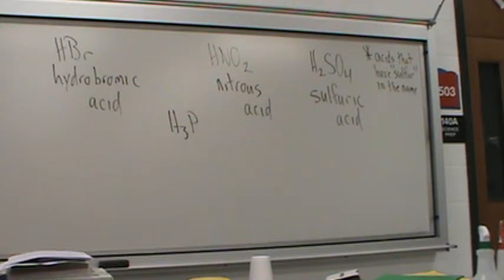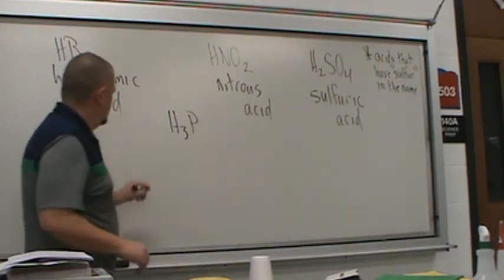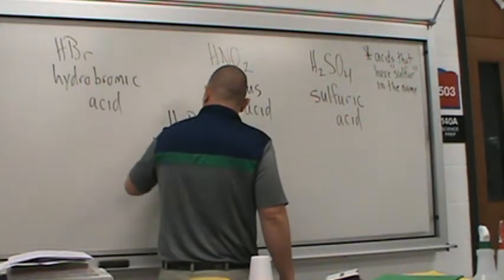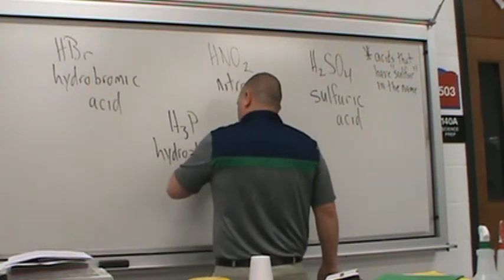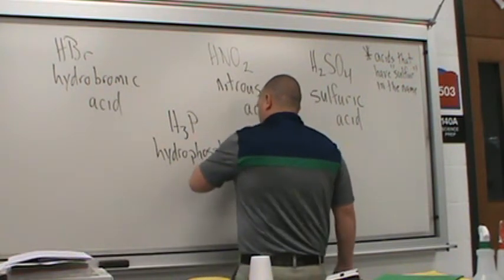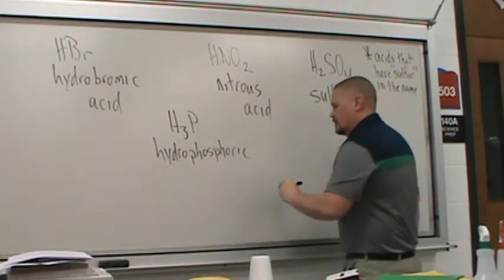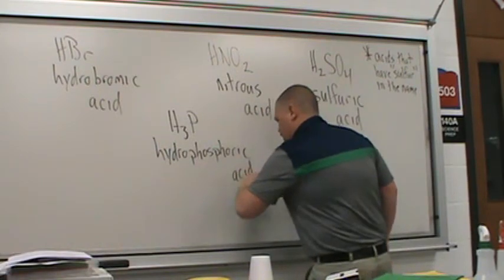So our anion is phosphide, not phosphate, but phosphide. We still have to add the prefix and the suffix to our name of the acid. So this would be hydrophosphoric acid.